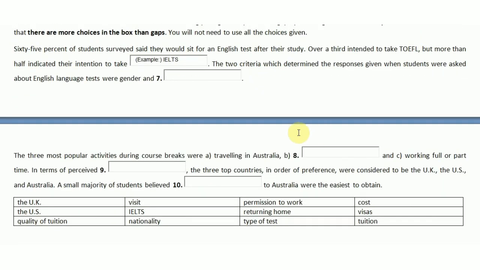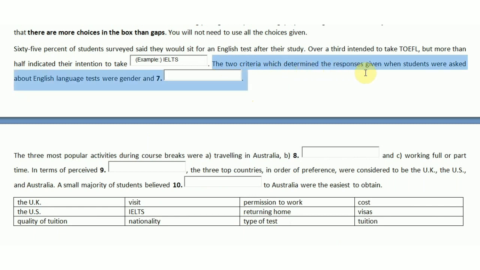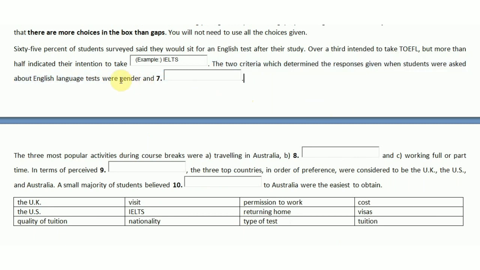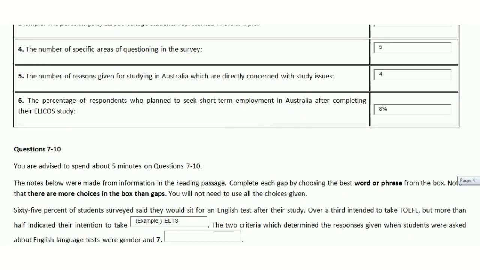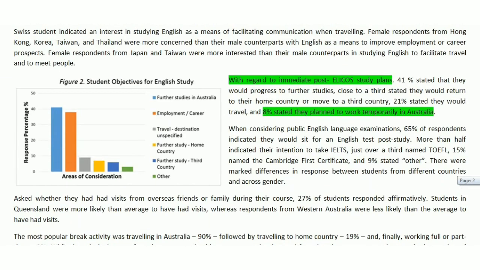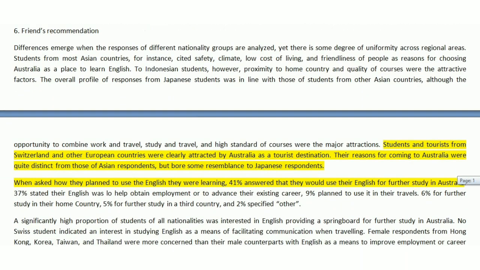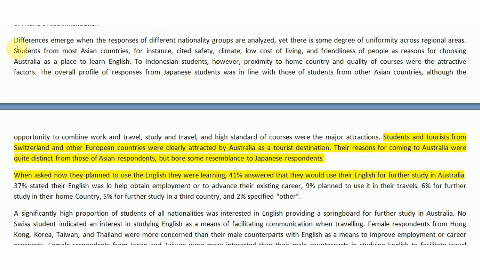So, okay, seventh question. The two criteria which determined the responses given when students were asked about English language tests were gender and dash. So the first criterion was gender, and the second one we have to write down. Let's find out what's the second criterion. So in this paragraph, differences emerge when the responses of different nationality groups are analyzed. They are talking about nationality as a criterion.